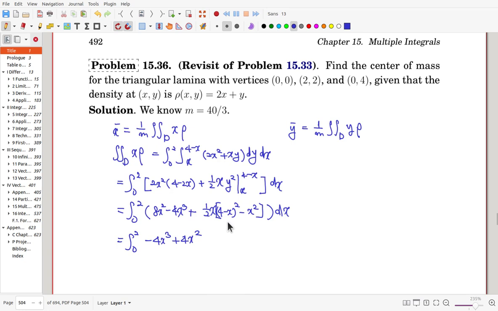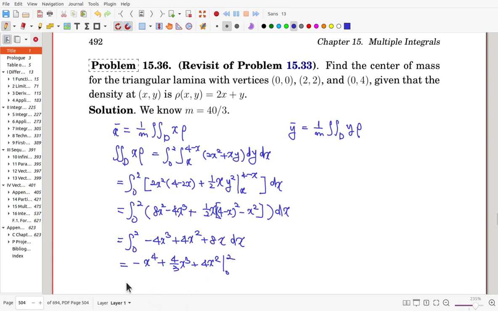That is now 16 and half x, so 8x. And from here, there's a minus x to the 4 plus 4 over 3 x cubed and 4x squared, from 0 to 2. You can get it from now on quite easily.